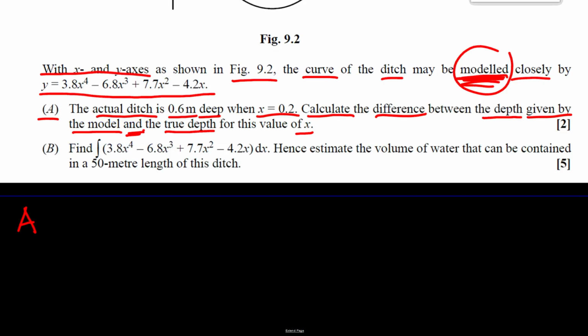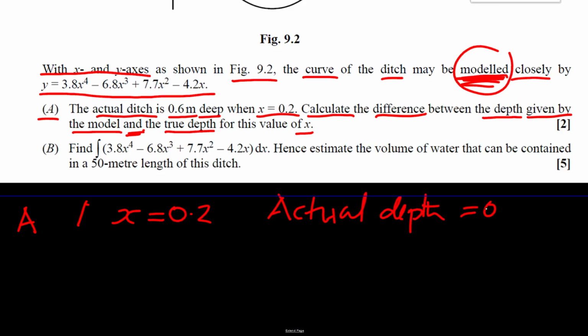So part A, they're asking us to find the difference between the depths. So we know that the actual depth, when X equals 0.2, they've told us is 0.6. They want us to compare it with the model depth.